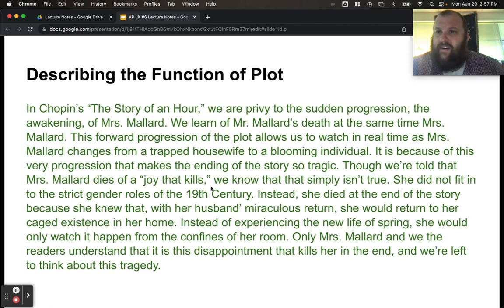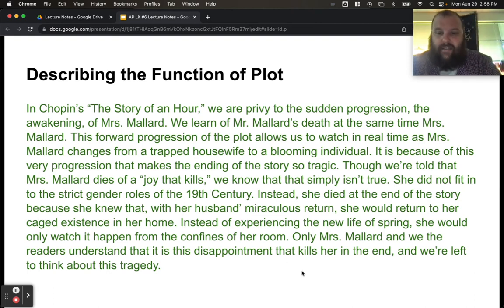She's so happy to see her husband. No. And we know that she's not because we were there. We were there watching in real time the progression of events happen. We were able to see Mrs. Mallard's change and development as a character over time, right?